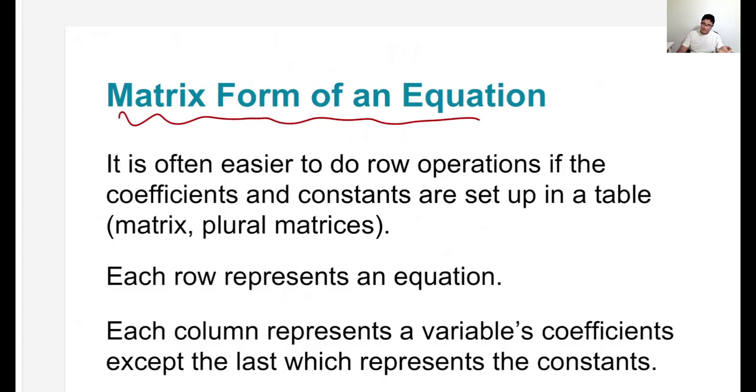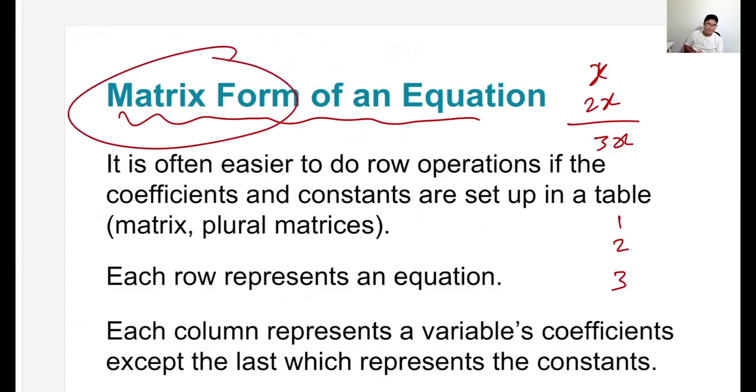Because after all, if you're adding x and 2x, your result is 3x, right? What if I just write that as 1 and 2 and I'm adding them and the result is 3? But in my mind, I know that that is 3x. If the variable has a particular position, we can understand that it's in the background and not write it explicitly every time, right? That's what we do in the matrix form.